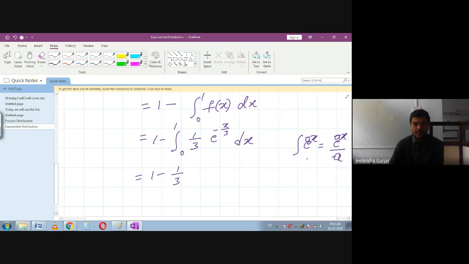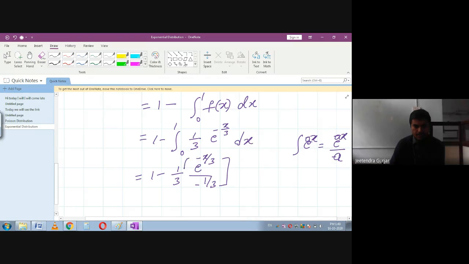The integration of e raised to ax is equal to e raised to ax upon a. So here a we have taken as minus 1 upon 3. So this is e raised to minus x upon 3 divided by minus 1 upon 3, students.